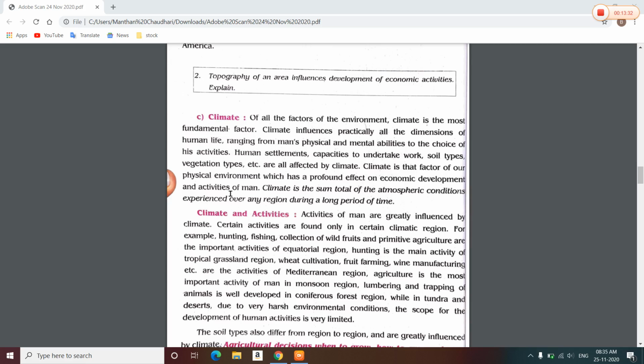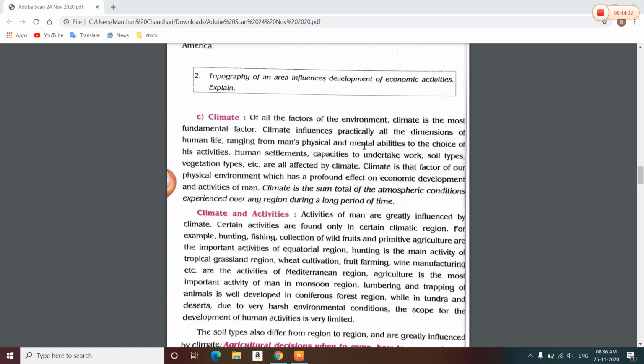Last lecture I told you that each and everything on the environment is affected by the climate itself. Our food habits, clothing, shelter, skin color, texture of hair are affected by the climate itself.